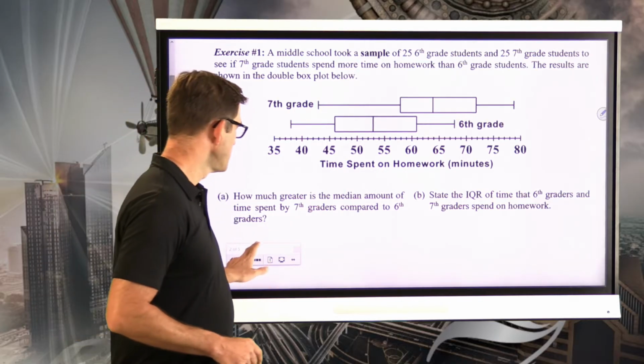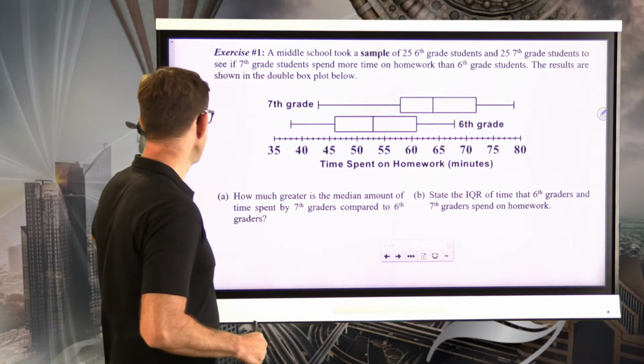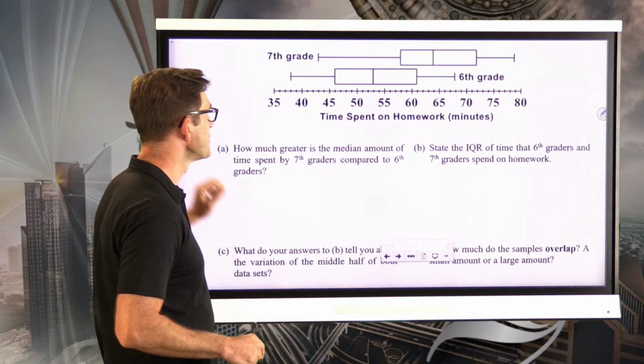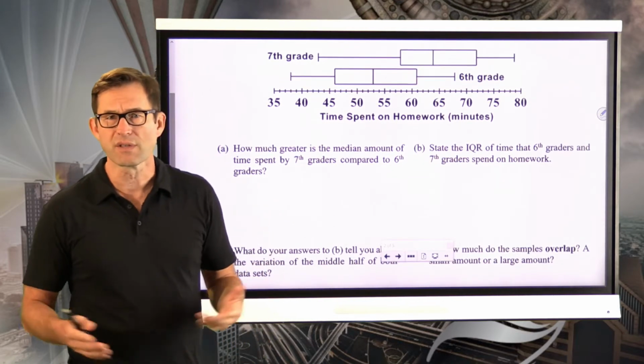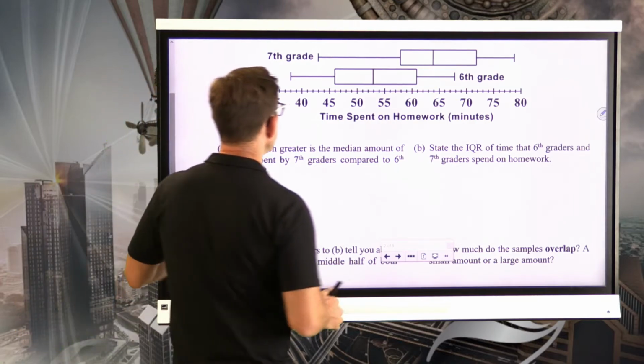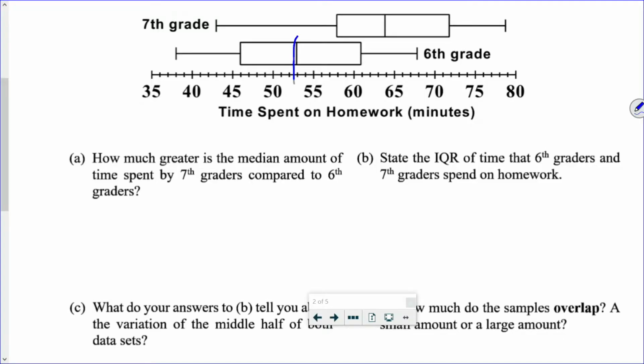All right, let me just move this out of the way, scroll it up a little bit. We want to keep these things on here just so that we can see them. So first things first, let's figure out the two medians. For 6th grade, the median is right here. So for 6th, the median is equal to 53 minutes.